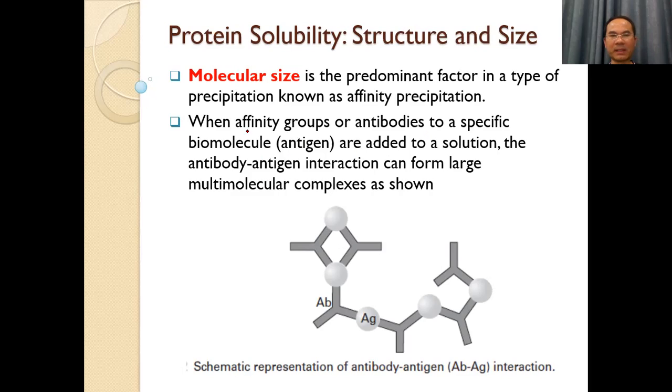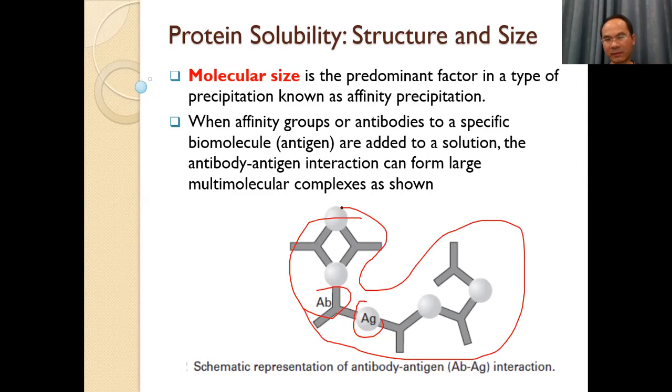When the affinity group, or antibody, of a specific biomolecule, which we call the antigen, is added to the solution, the antibody-antigen interaction forms a multi-molecular complex and then precipitates out. In this example, we have the interaction between antibody AB and antigen AG that forms a complex and can then separate out as a solid, or precipitate out.